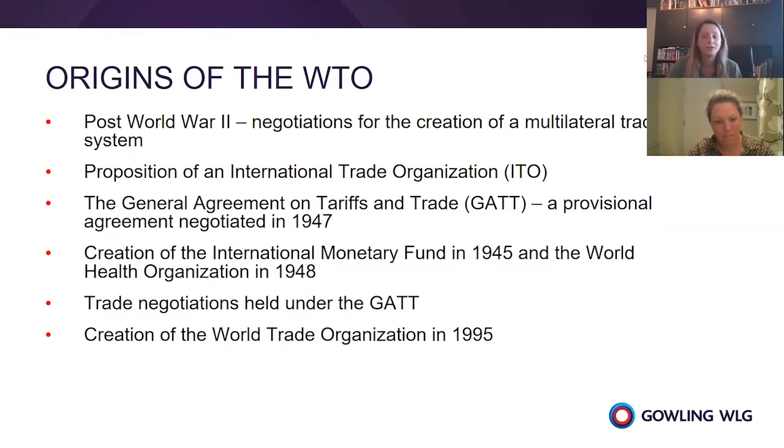Various negotiations have been held under the GATT, initially relating to tariff reductions, but evolving to include other areas such as anti-dumping and non-tariff measures. Over time, the GATT therefore evolved into the creation of the World Trade Organization in 1995, which was considered to be the biggest reform of international trade since the Second World War.